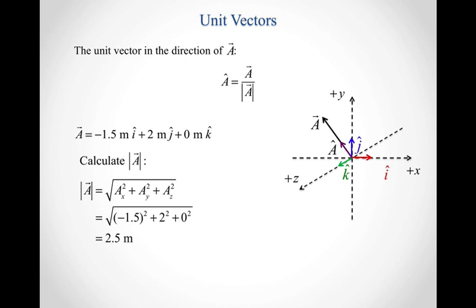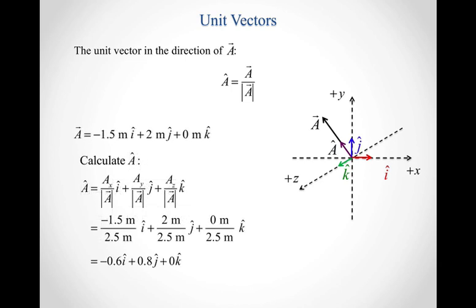So now I can come back and calculate the components of A hat, the unit vector that points in the direction of vector A. I'm going to take the x component for vector A, which is negative 1.5 meters, and divide by the magnitude of the vector, 2.5 meters. That gives me an x component for the unit vector of negative 0.6. Do the same thing for y.